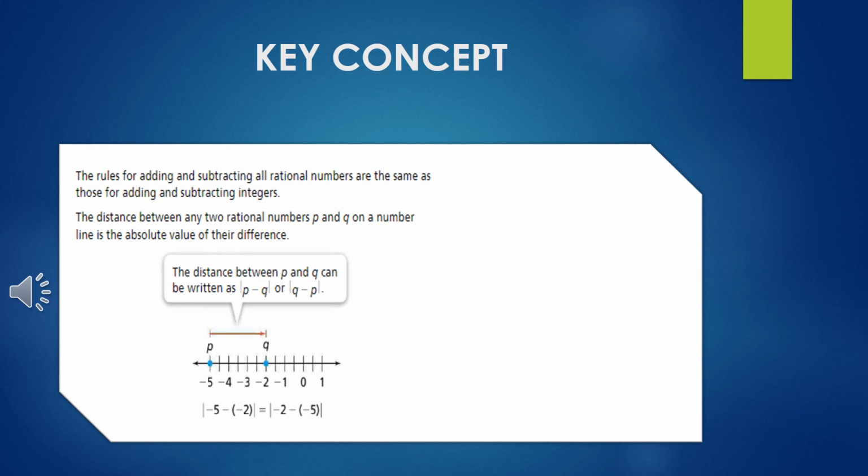It doesn't matter if I take P first or Q first, because they are inside an absolute value, so the distance is always going to be the same.